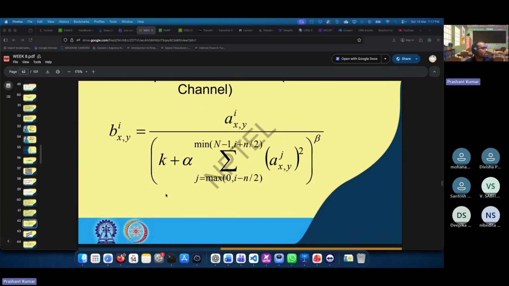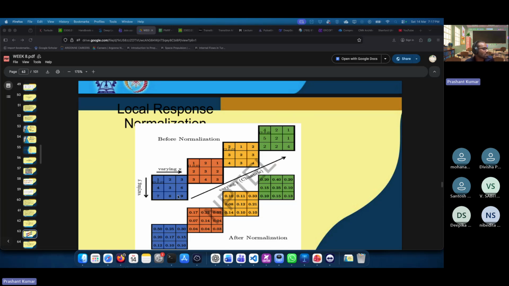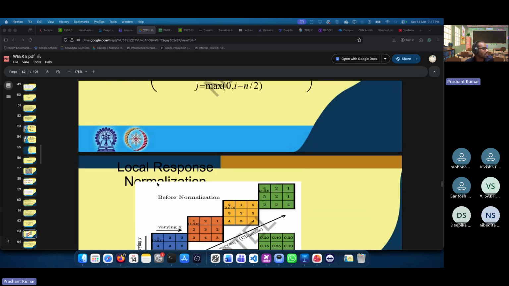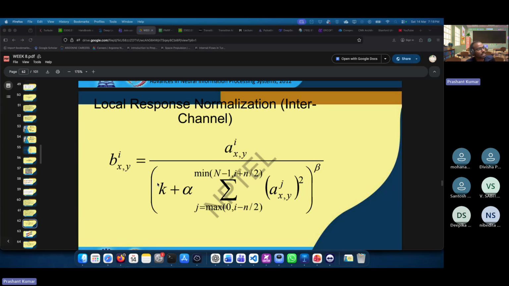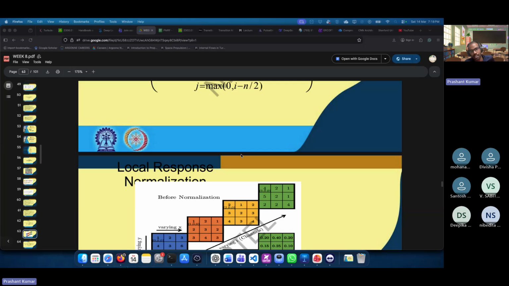And the local normalization looks like this: let's say you have these values, and you are applying kernels, and these kernels will try to take the element-wise multiplication and addition, and then it will divide by the square of all the elements of their original values, and that's how it becomes the overall normalized value.